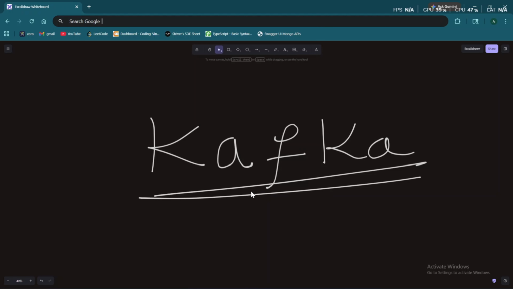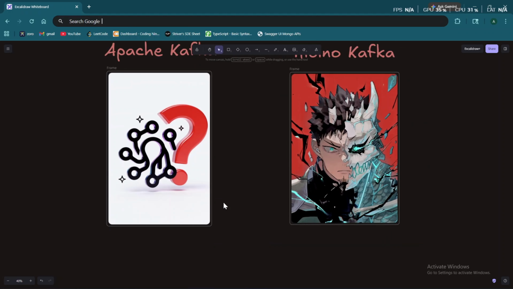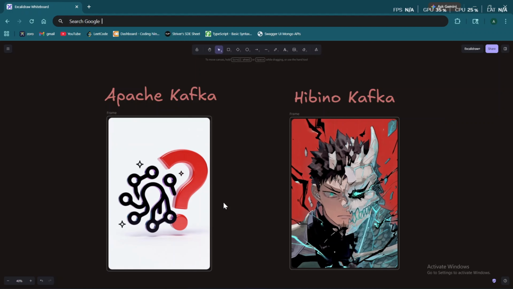Okay, with this note, we will jump ahead with Kafka. So when we ask what is Kafka, you might be hearing this terminology everywhere in system design. Why Kafka? If you see the Kafka symbol, which looks very weird and was generated by ChatGPT, you will be like, what is this?